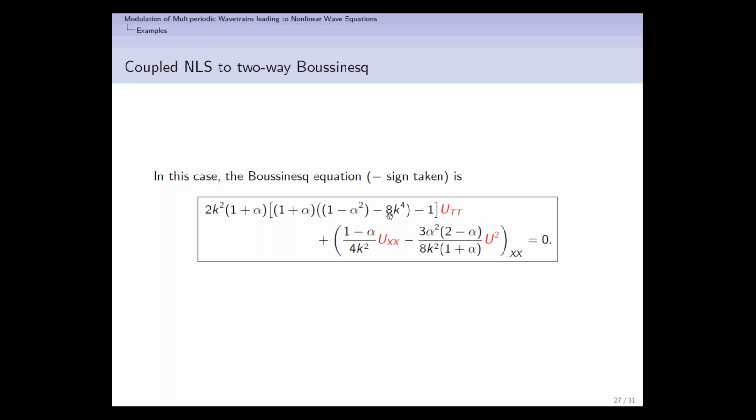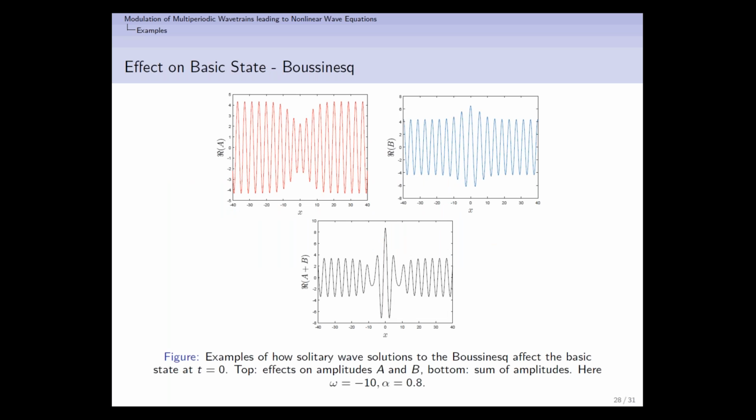Okay. So what the solutions of the two-way Boussinesq look like when you solve them and plug them back into the waves? Now it turns out you get even roguer waves. Okay. So it turns out the bright solitary wave before becomes a dark solitary wave, and the dark one becomes a bright one.